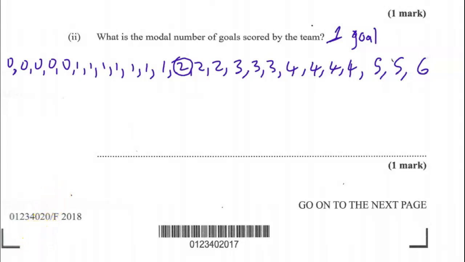So it would be 0, plus 7 ones, so 7, plus there were 3 twos, that's 6, plus 3 threes, that's 9, plus 4 fours, that's 16, plus 2 fives, that's 10, plus 6, so a total of 54.